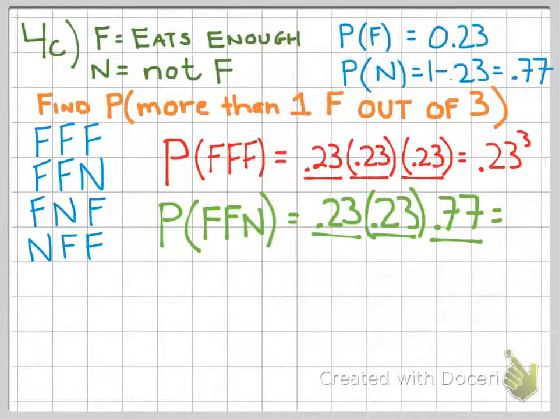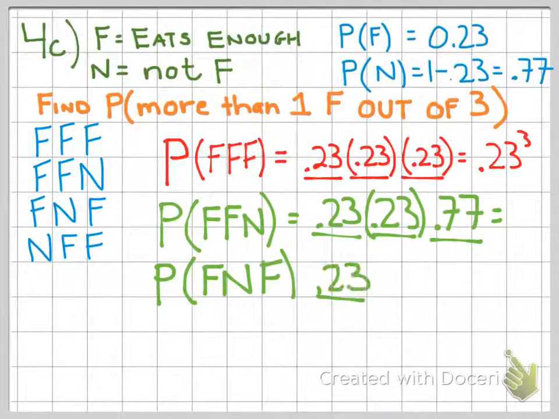Next, I want to find the probability that I get FNF. The first person is 0.23. The next person is 0.77. And the third person is 0.23.